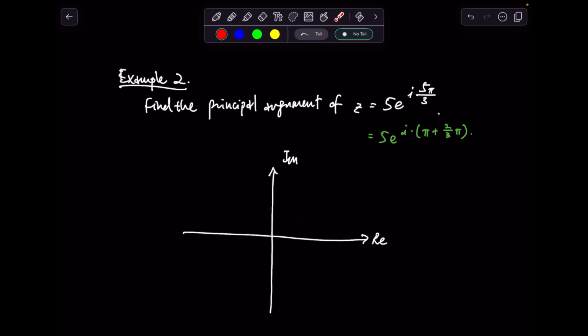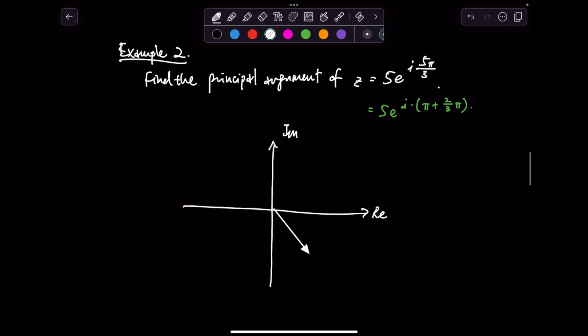We are going to start measuring from the positive real axis, and I'm just going to draw an arrow. This is going to be my position vector of the complex number z. I'm going to measure positive pi, which is half a round, and then plus 2/3 pi. So this is another pi, but I'm going to only measure 2/3, so somewhere around here.